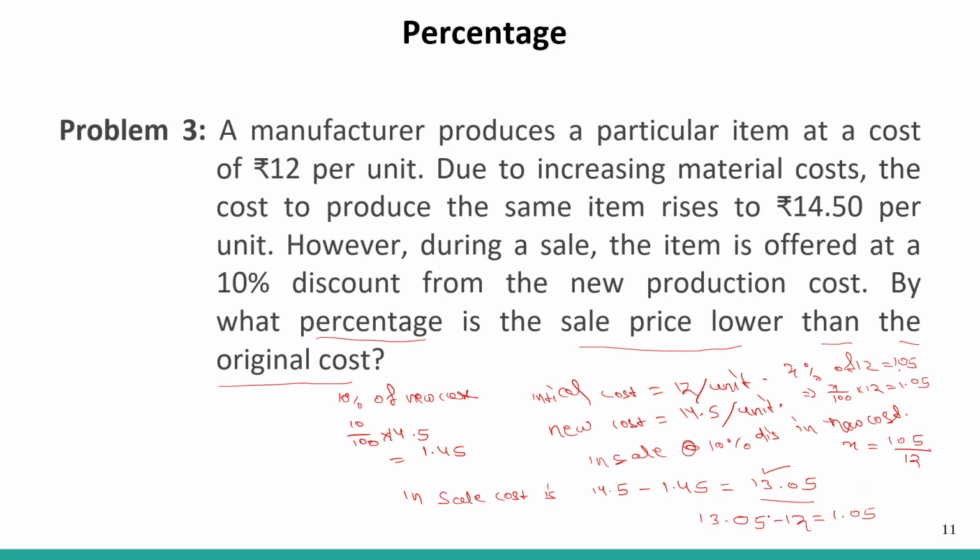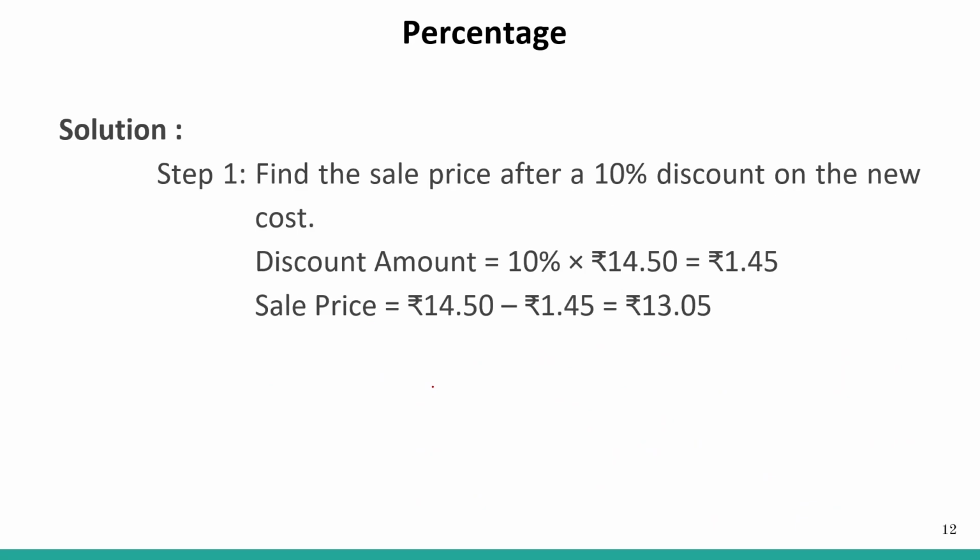Since both are divisible by 3, this becomes 35 by 4. So 35 by 4 is equal to 8.8, so 8.8% greater than the original cost.